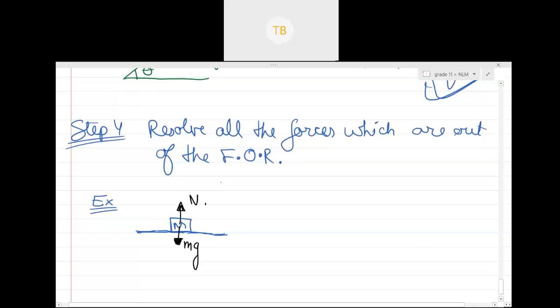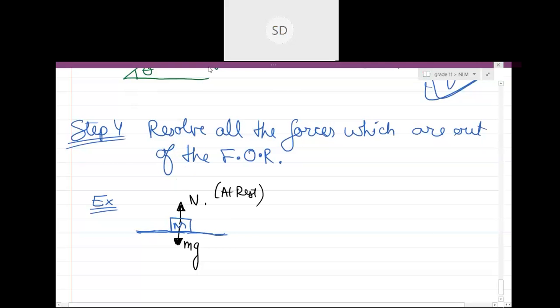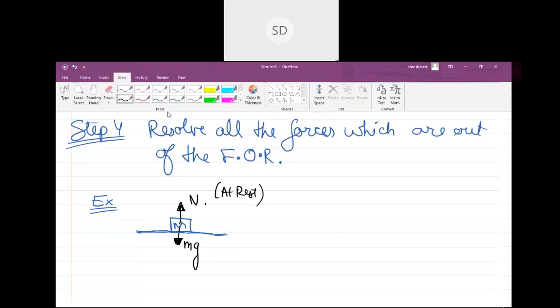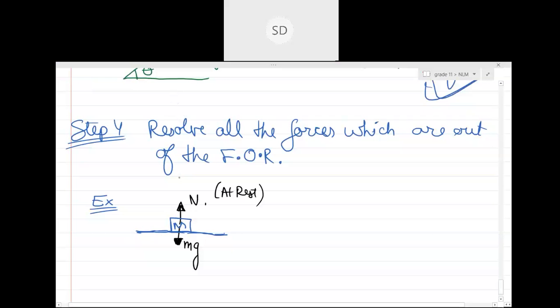This object is at rest. Yes or no? If I am saying this block is placed over the ground, so if it is at rest, it will remain at rest. There is no driving force. Is it digging down inside the earth? Is it flying up? If it can't fly up and can't go down, that implies it is at rest, right? So what is the frame which you will choose?